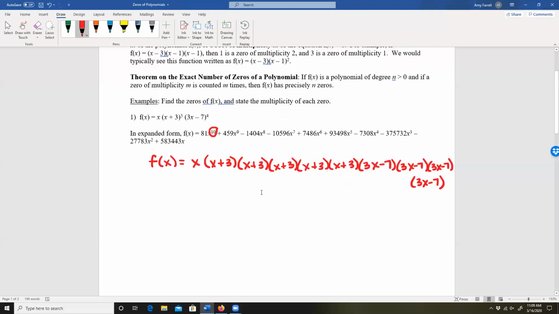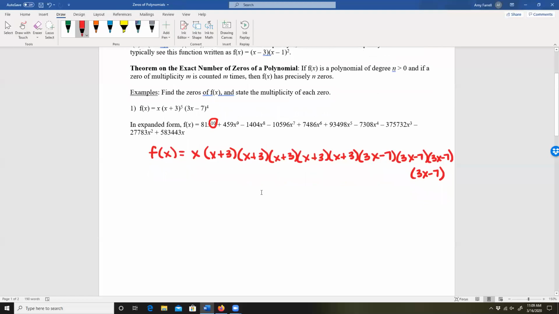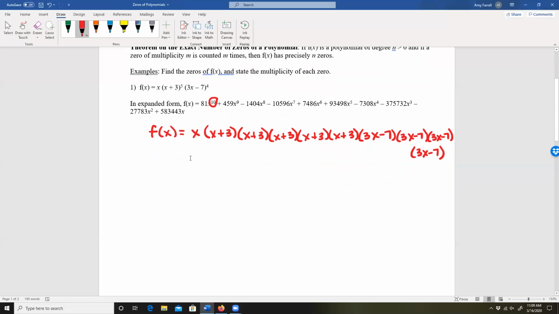I'm also going to tell you in a little bit how we could have found the degree without expanding. I'll tell you a quick way in just a second. This was also covered in the other video. To find the zeros, I need to solve f of x equals 0.